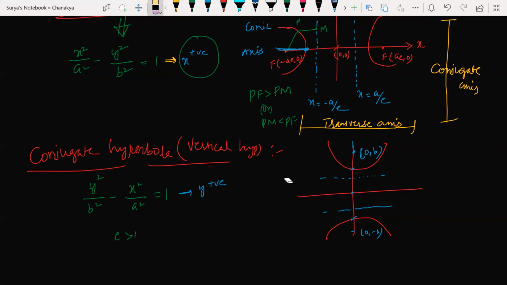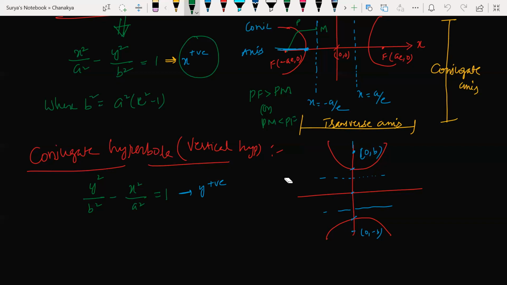Basically you can write, or even you don't write, no problem, you write simply where b square is equal to a square into e square minus 1. समझ लिए, समझ रहे हो ना?